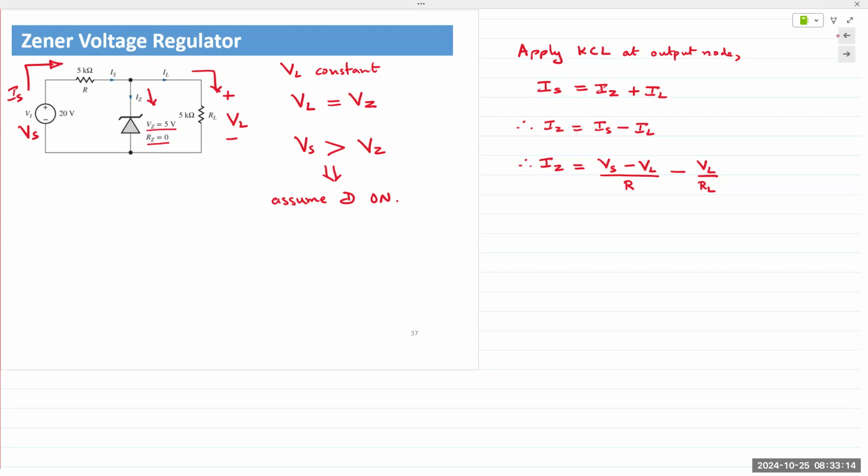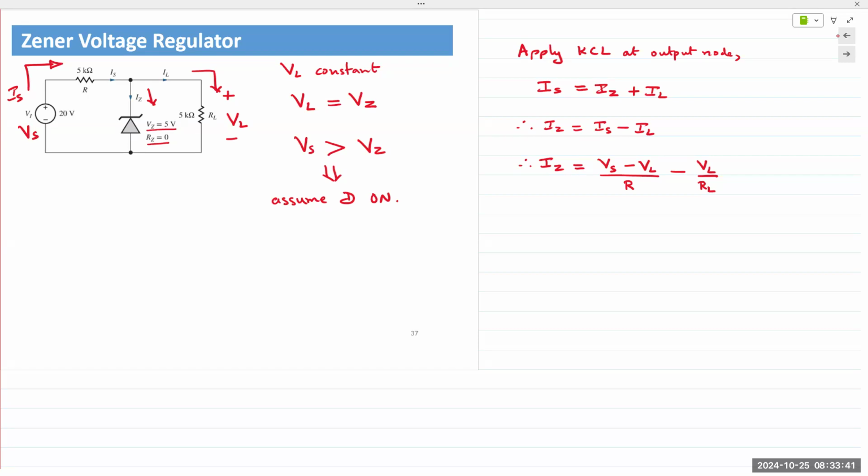If the voltage from the source increases, right now of course it's a constant DC voltage, but let's say it's varying between 10 and 20 volts, then the current IS coming from the source also increases. But we want to keep the load voltage and load current constant.